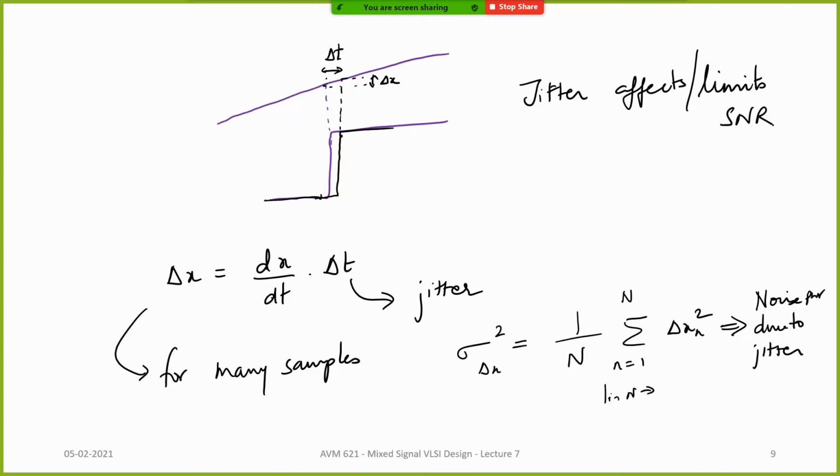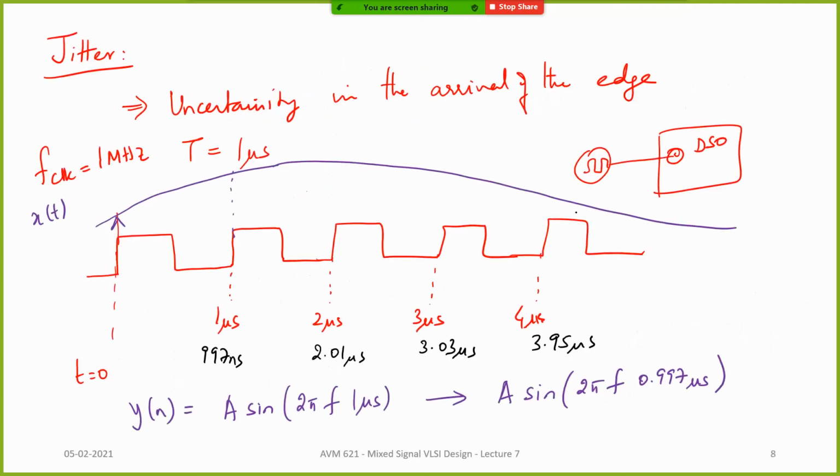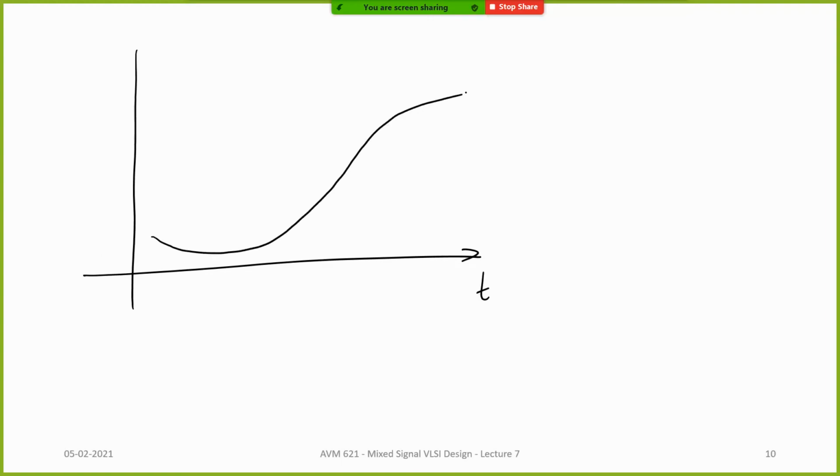Now, in addition to the clock itself having a certain jitter, consider what happens if you do not use a bootstrap switch. Let me draw this example. Let's assume there is no bootstrapping, and this is your signal, Vin, and let me draw the clock waveform.